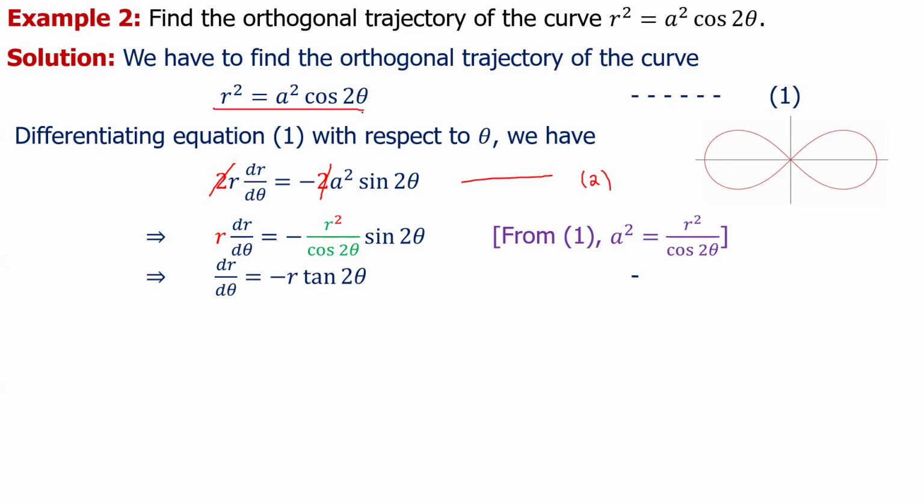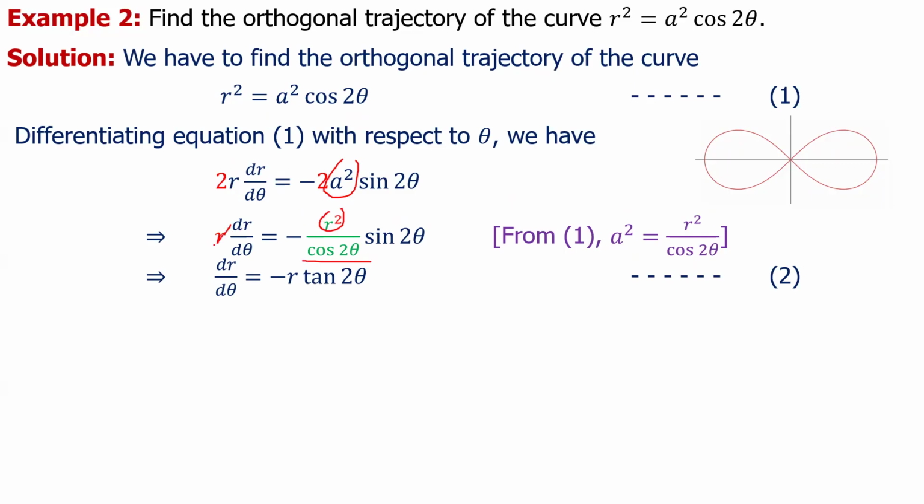So from equation number 1 and equation number 2, we have to eliminate this arbitrary constant a square. From equation number 1, what is the value of a square? It is r square upon cos 2 theta. Now we put the value of a square as r square upon cos 2 theta.